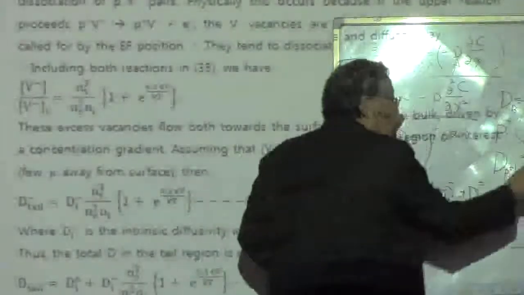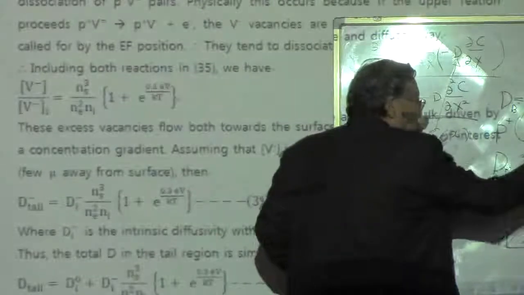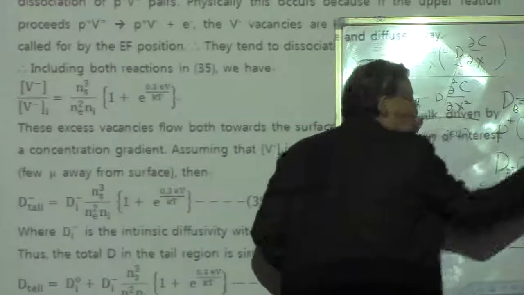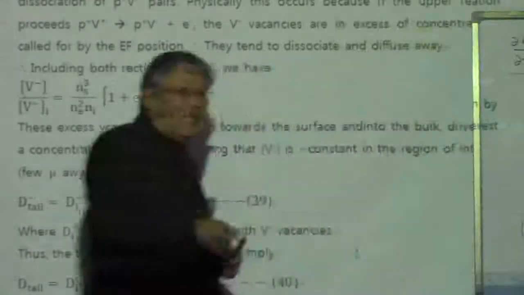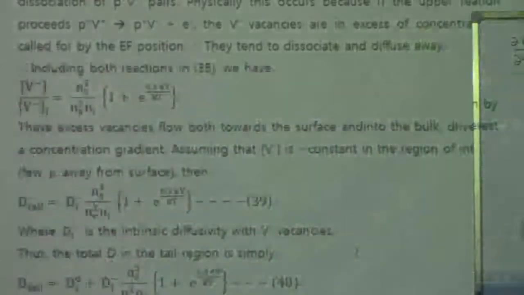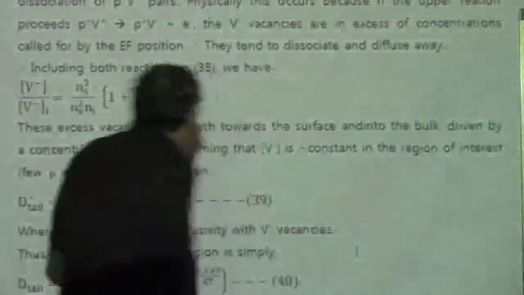Inherently it has V minus, but another V minus is going to come from the dissociation reaction of V double minus. So this extra V minus will enhance the diffusion coefficient of the phosphorus at this doping level. That's the main argument here.